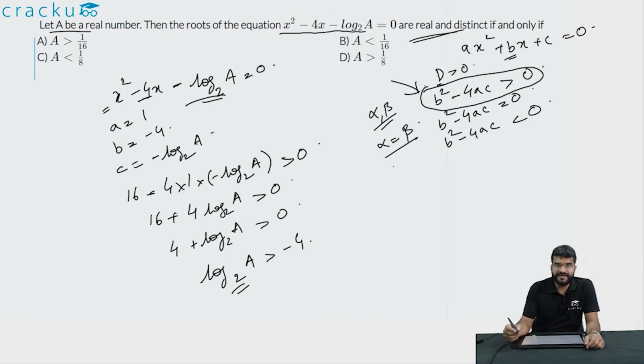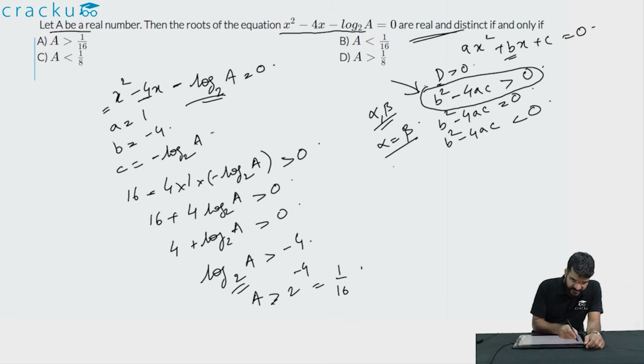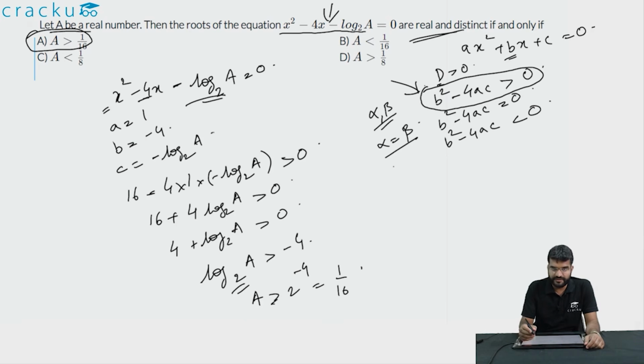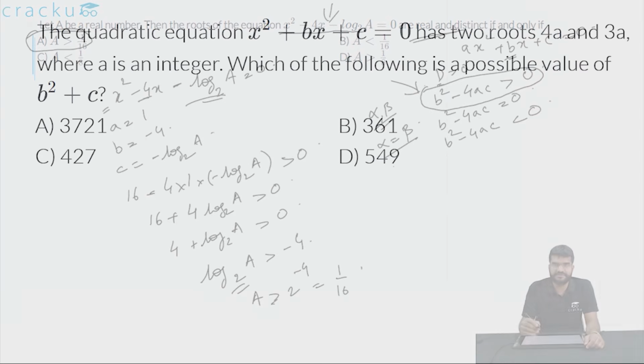Now we know that the base of the logarithm is greater than 1. So we can simply take it to the other side and say that a is greater than 2 to the power minus 4, which is equal to 1 by 16. So whenever a is greater than 1 by 16, the quadratic equation x square minus 4x minus log a to the base 2 will have real and distinct roots.